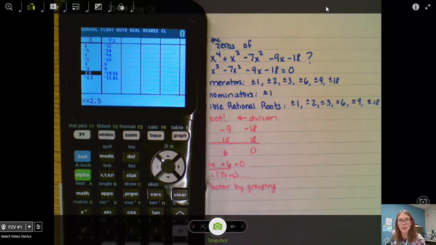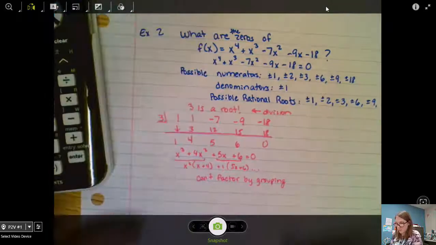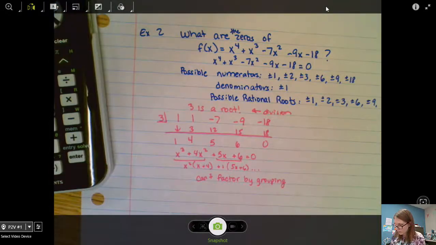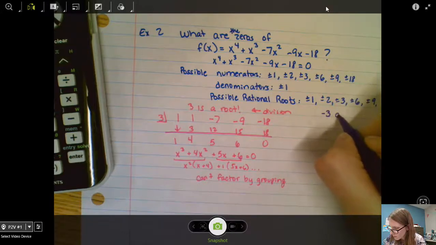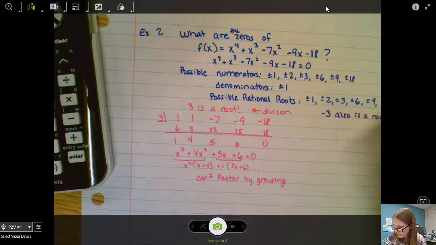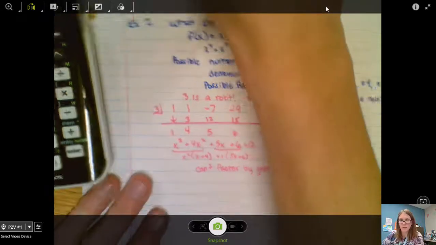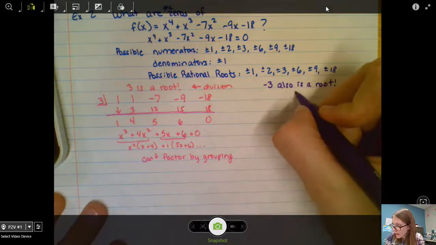So let's try -3. And -3 also is a root. So we want to use division again.